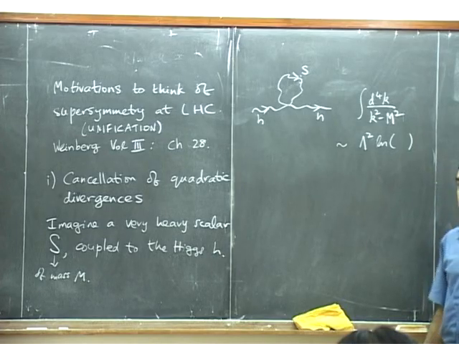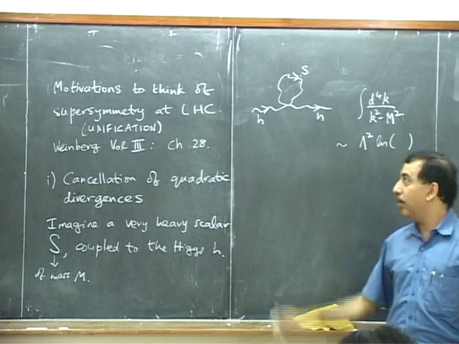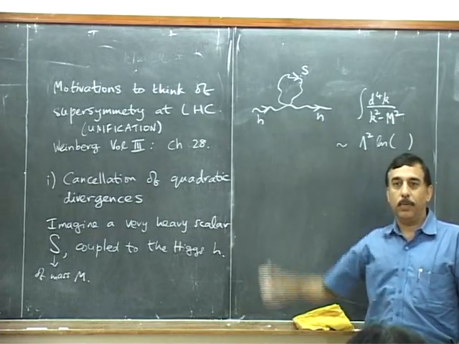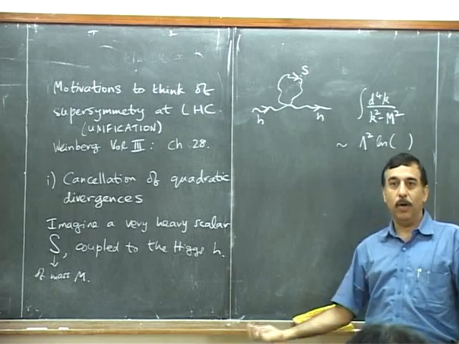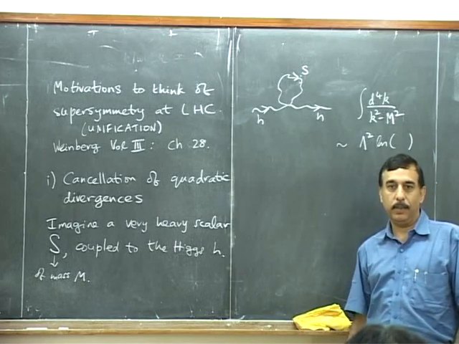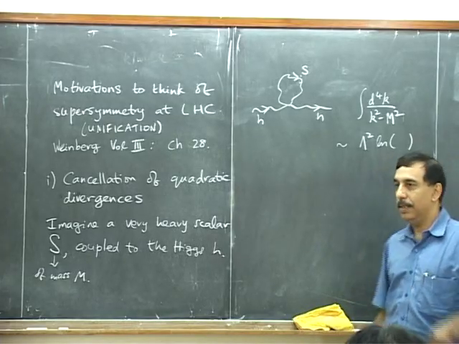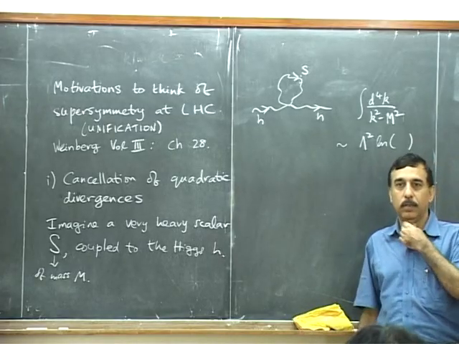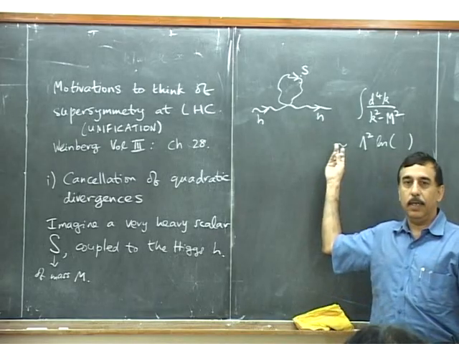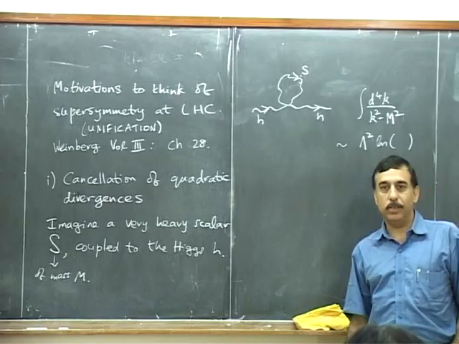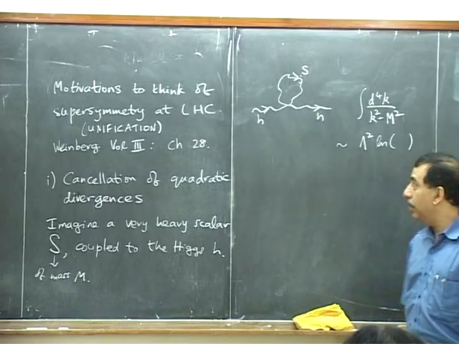So this is a problem because it means that there's a contribution at one loop to the Higgs mass which is so large that it's possibly 15 orders of magnitude more than the actual Higgs mass that we expect. We expect the Higgs mass to be in the range of 100 GeV or in that ballpark, and this is going to give a contribution which is 15 orders of magnitude larger.